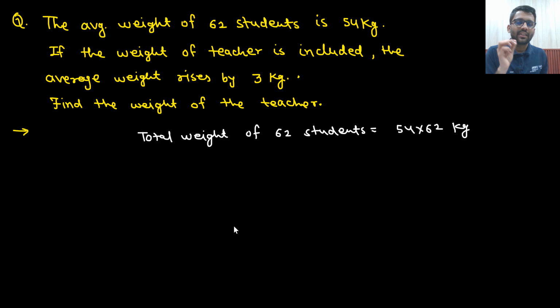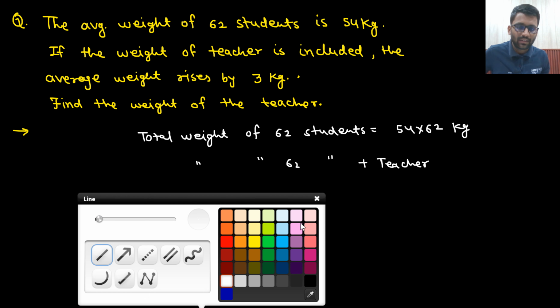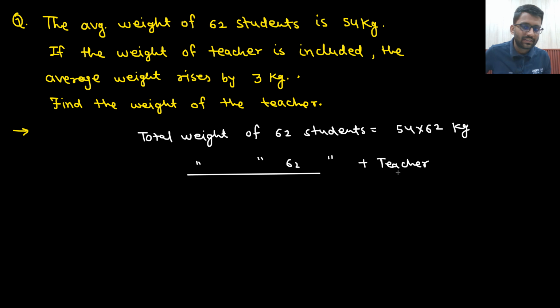If the weight of teacher is included, then the average weight rises by 3 kg. So total weight of 62 students plus teacher, divided by 63, is equal to 57. Do you agree to this equation?